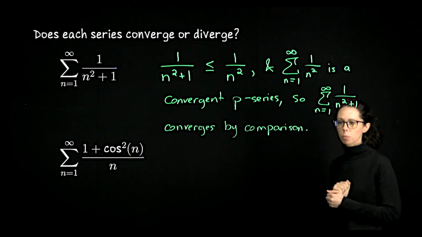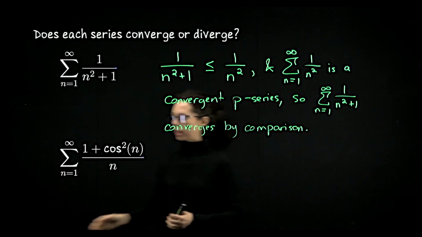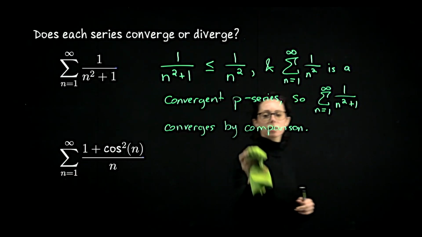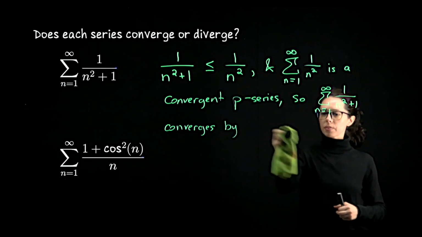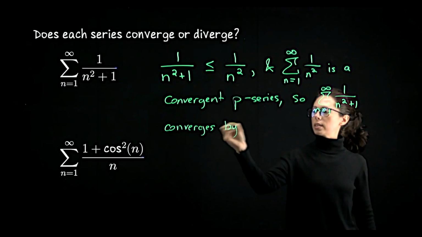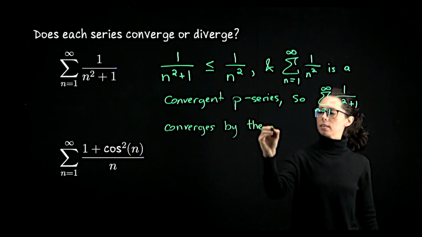Actually, I want to be a little bit more precise than this. This is the whole reason I want to bring in this language of ordinary comparison, because we have other types of comparison. So let's be precise. I'm going to say converges by the ordinary comparison test.